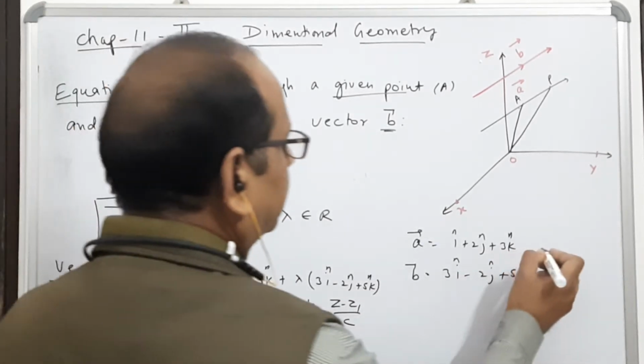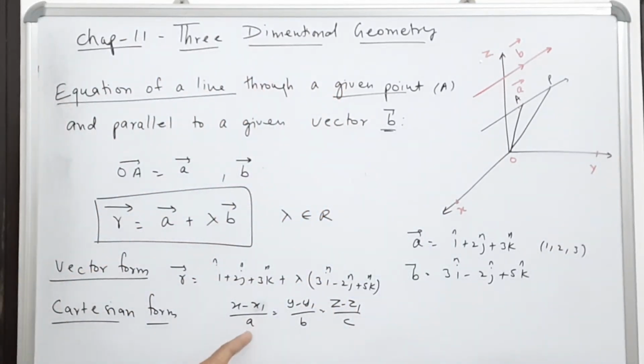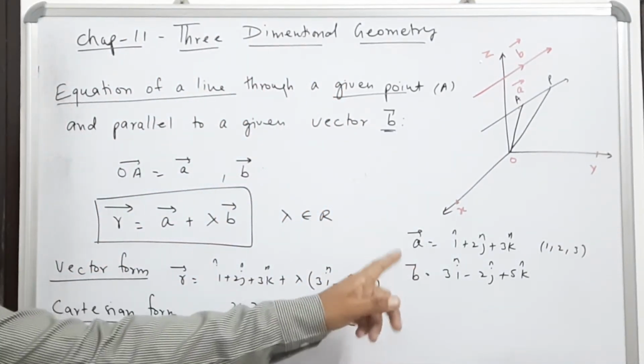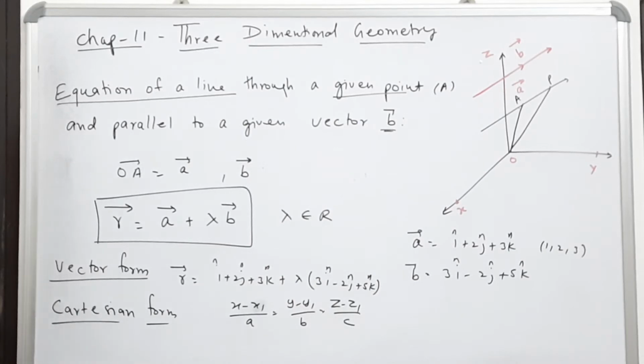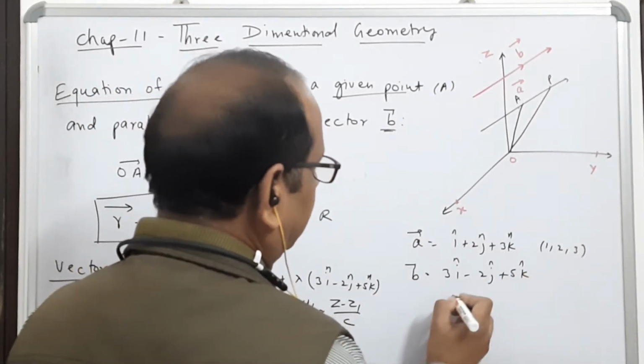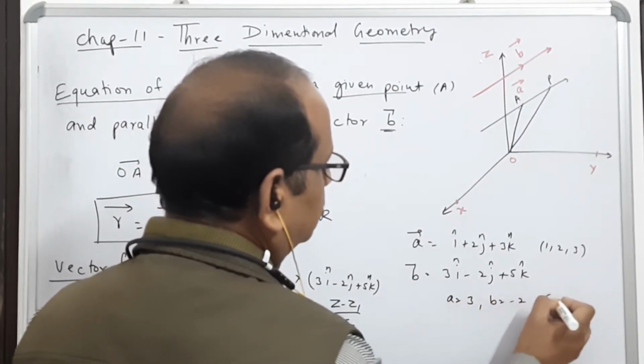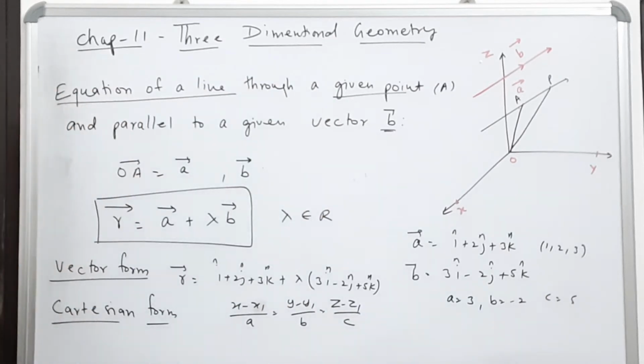What is that point here? It is 1, 2 and 3. And what is the value of a, b, c? These are the direction ratios of the vector to which the line is parallel. So a is 3, b is minus 2 and the value of c is 5.